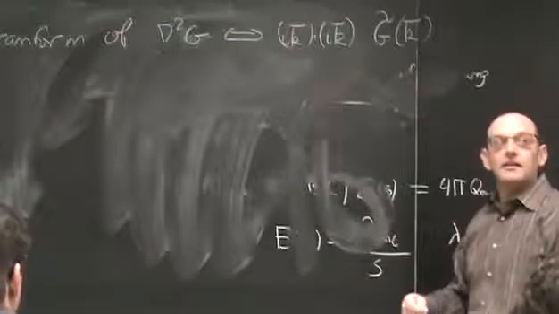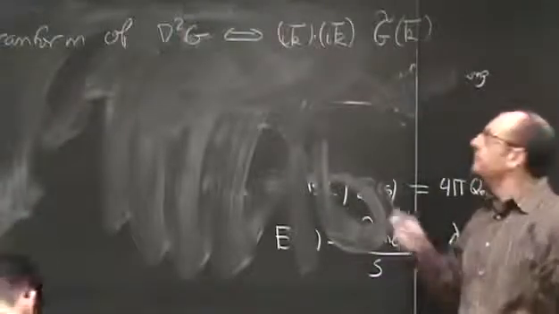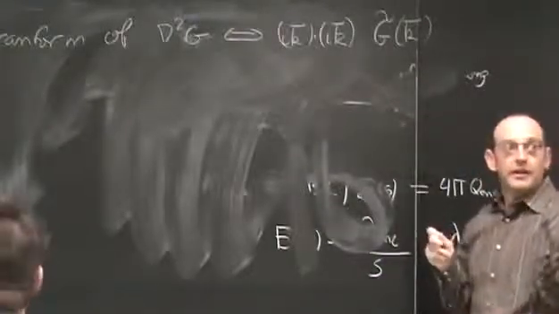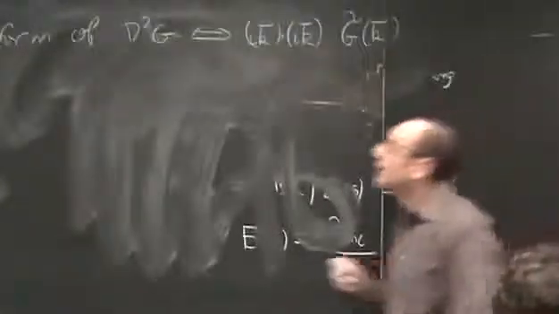Each del becomes i k vector, and del squared is del dot del.